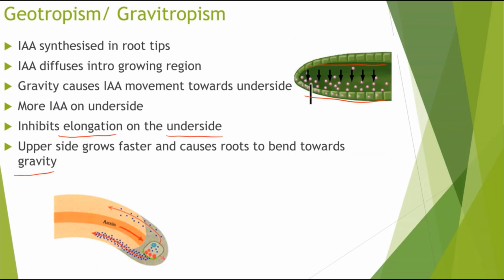As you can see, we have more IAA on the underside, and less of it on the upper side, and this causes elongation to be inhibited on the underside, and that's why the root would bend towards gravity, so it's growing downwards. This can be useful to, for example, find water and nutrients which a plant needs.